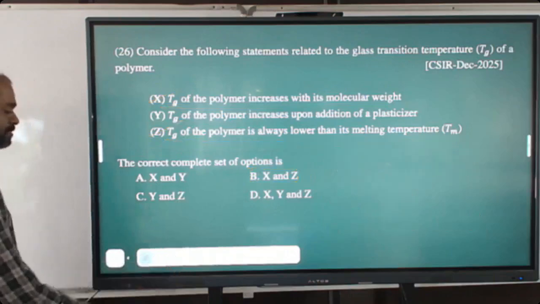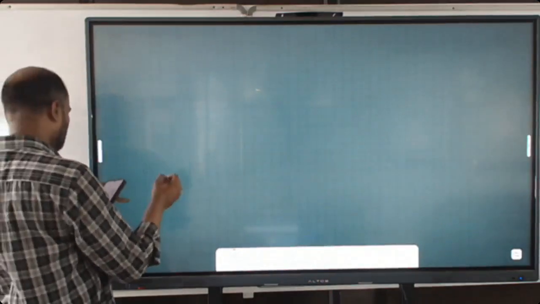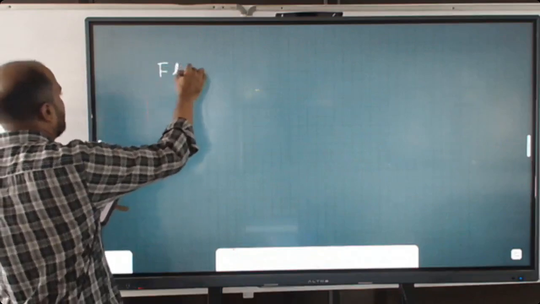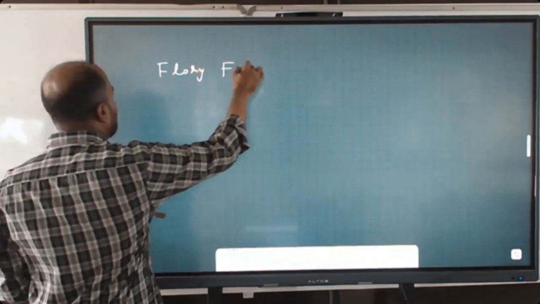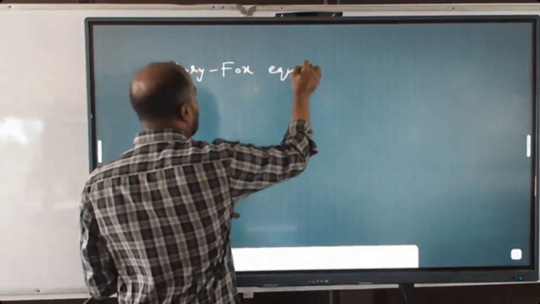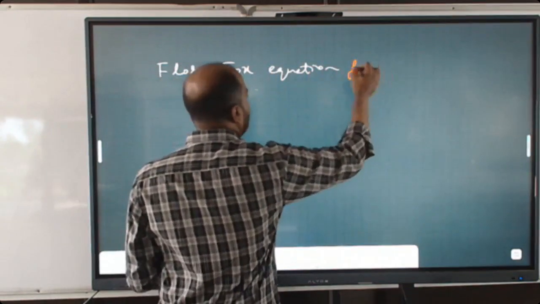There is another equation called the Flory-Fox equation for glass transition temperature.